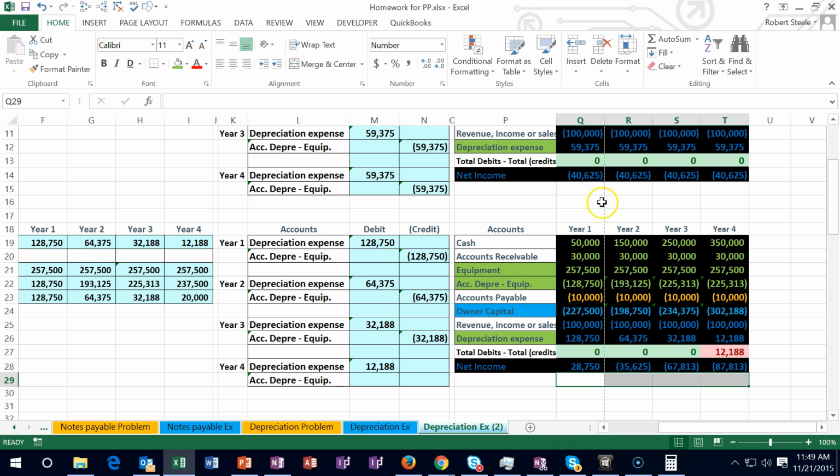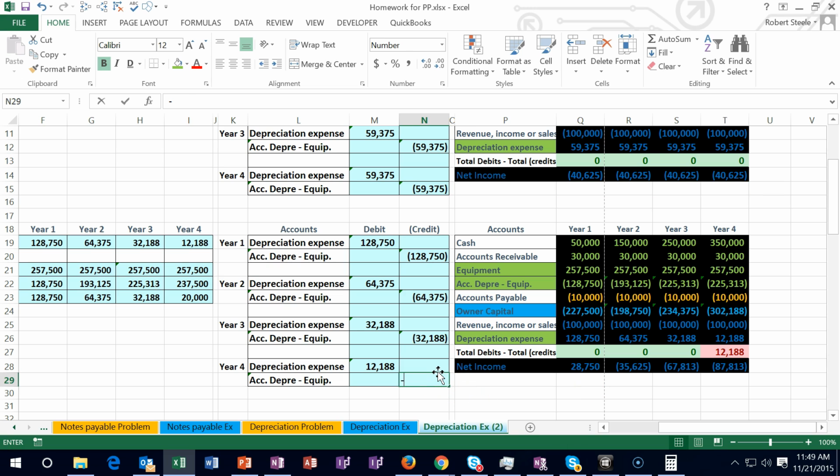If we looked at the straight line method and we said that the depreciation expense is the only factor, then it resulted in the same net income over the time period. And it's up to you to decide whether that's appropriate or not, because the question is, did we really get more value out of the equipment in year 1 than in year 2? Was it more productive for us in year 1 than in year 4?